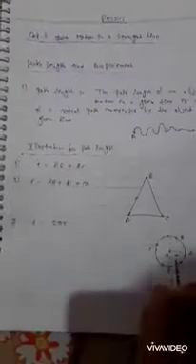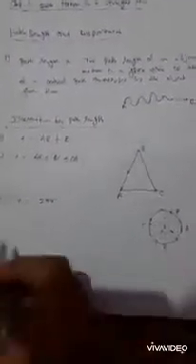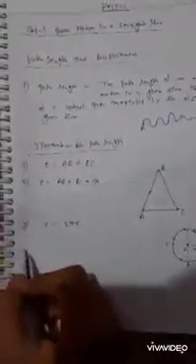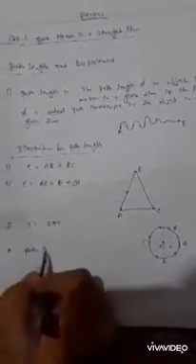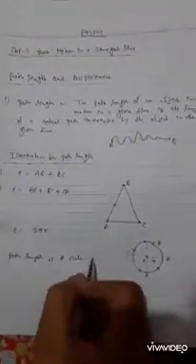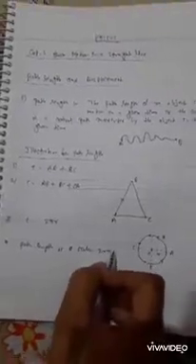So from the above we note that the path length is the actual distance traveled. It has only magnitude and no direction, hence path length is a scalar quantity. So the conclusion is path length is a scalar quantity.